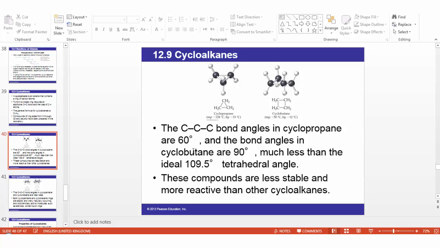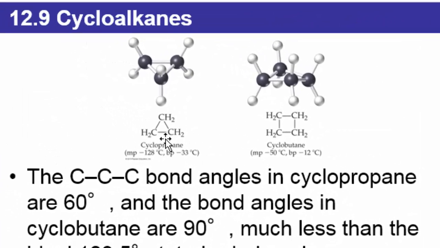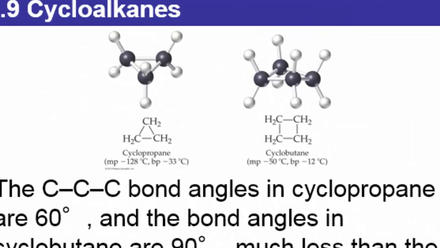All the angles are 60, and the bond angles in cyclobutane, however, are 90, much less than the ideal 109.5, that of a tetrahedral angle. These compounds are less stable and more reactive than other cycloalkanes.